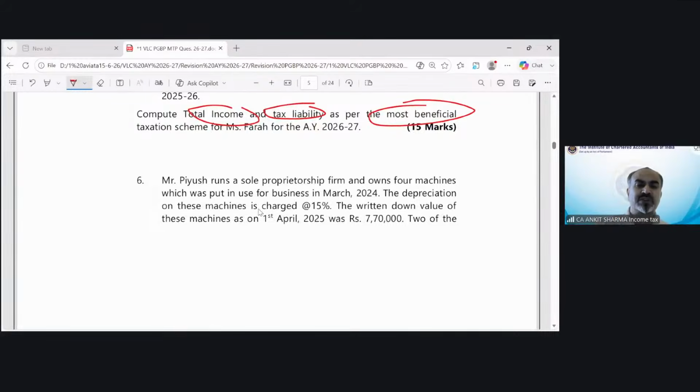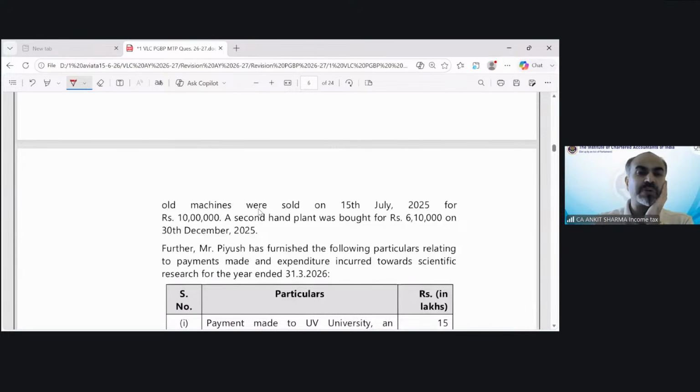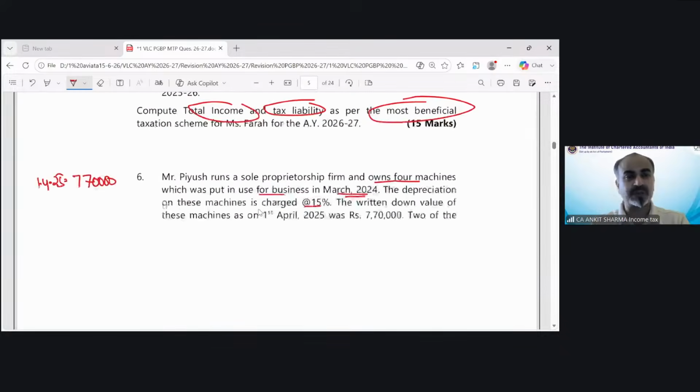Mr. Piyush runs a sole proprietorship firm and owns 4 machines which were put to use in business in March 2024. The depreciation rate is 15%. The WDV of the machine on 1st April 25 is 7,70,000. 2 of the old machines were sold on 15th July for 10 lakh rupees. Got it?